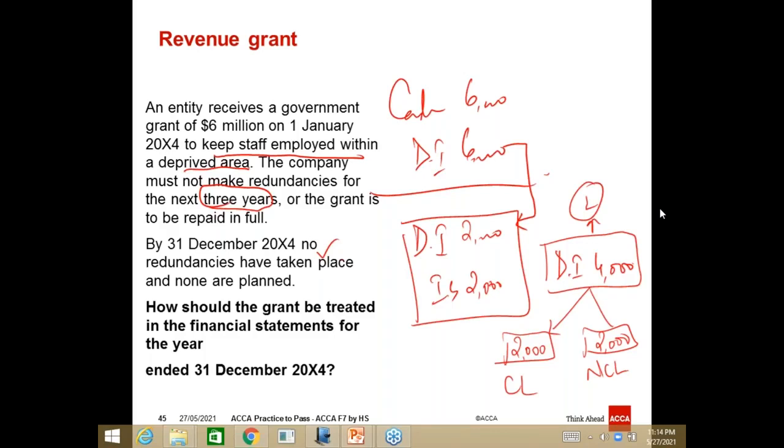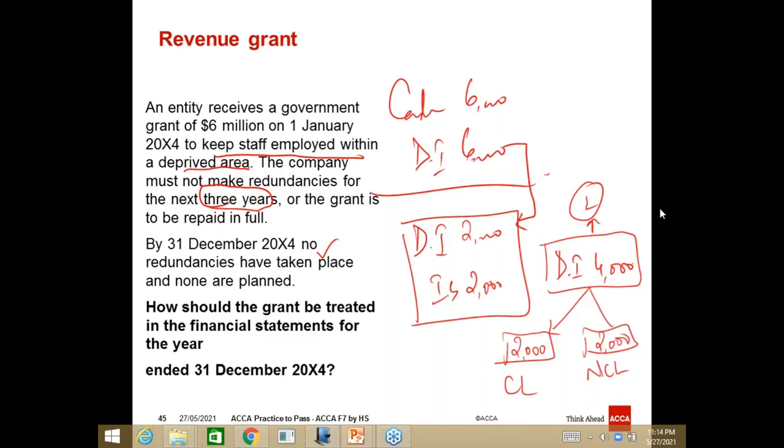So deferred income should be split into current and non-current liability. So you simply need to see how much of the deferred income will be settled in the future. How does it get paid in the next year?